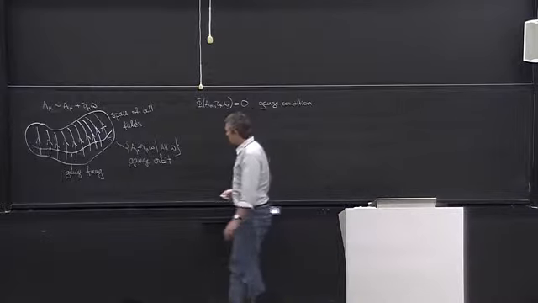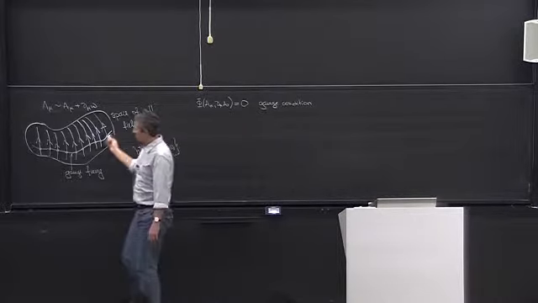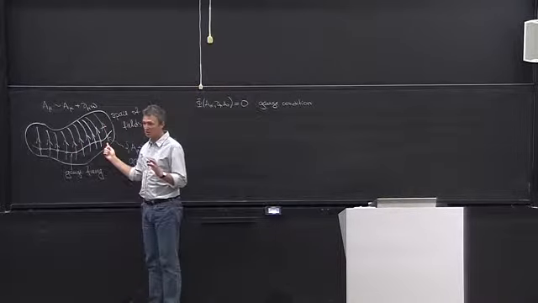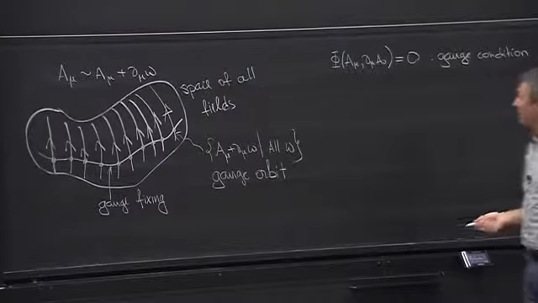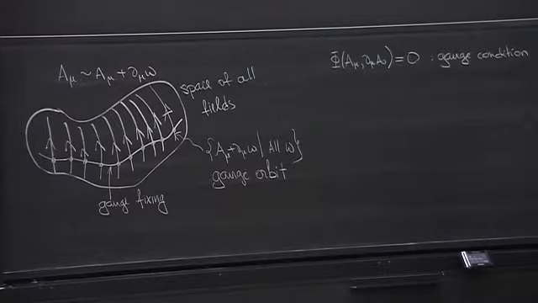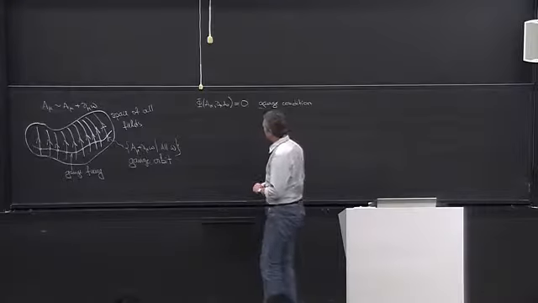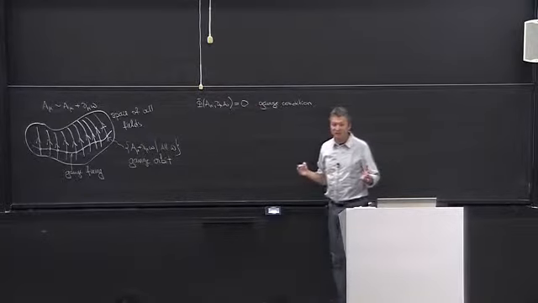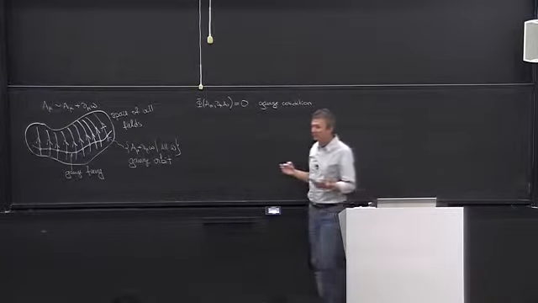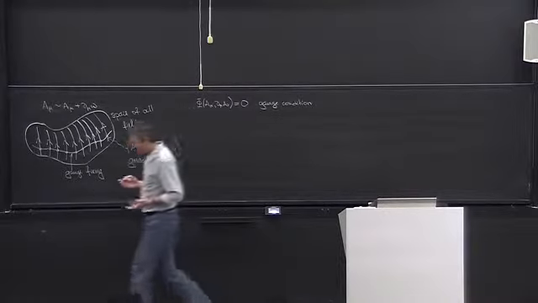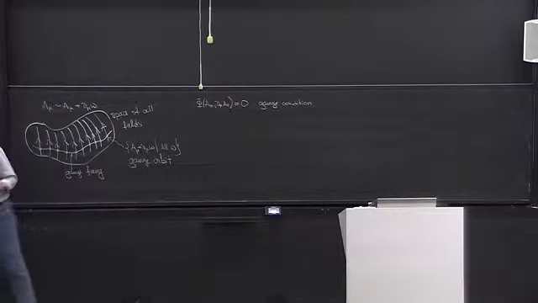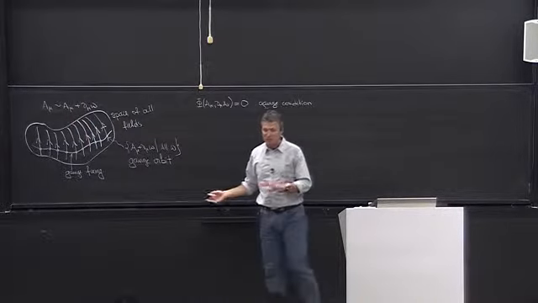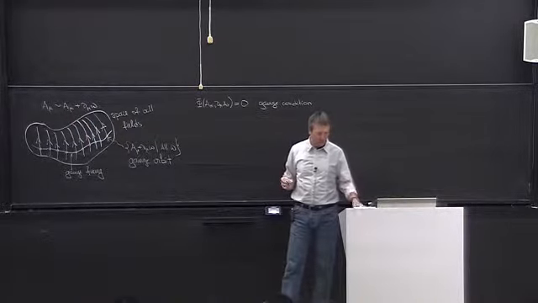Then we should make sure that this indeed picks one point on each orbit. As such a function, we can take potentially anything. So there is a variety of gauge fixing conditions that are being used, and they're more useful in one situation and less useful in the other.